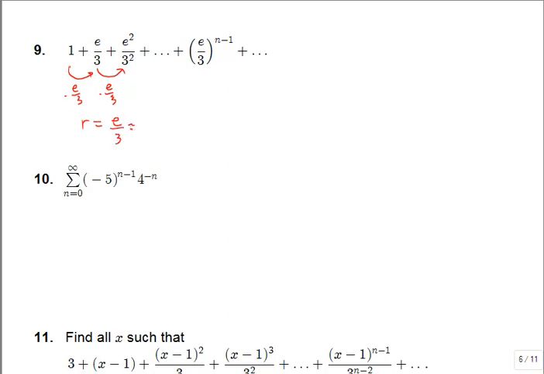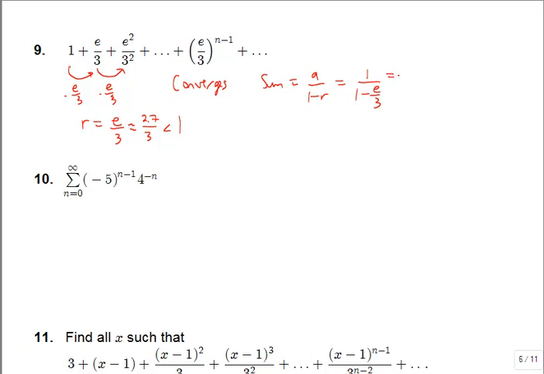Okay, so that means my r is e over 3. And e is about 2.718, so that's less than 3, which means this fraction is less than 1. So this converges, and its sum will be a over 1 minus r. The very first term is this 1, and our r was this e over 3.